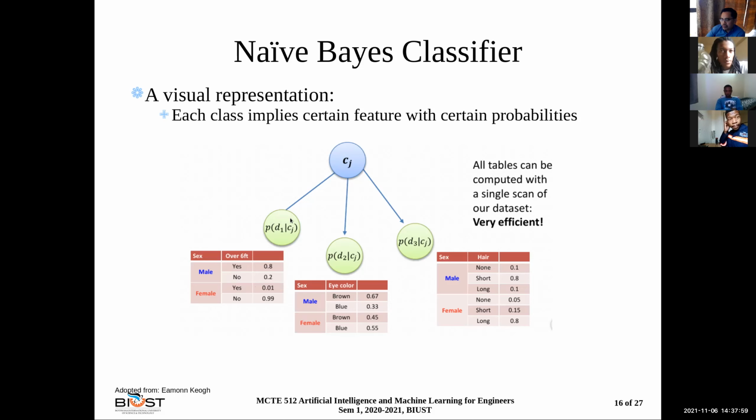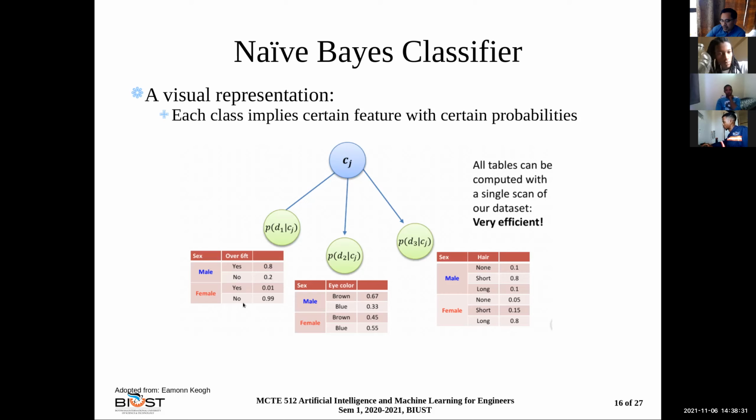Given the class that it is a male, and it is over 6 feet, the probability is 80%. And given that it's a male person and it's less than 6 feet, the probability is 20%.